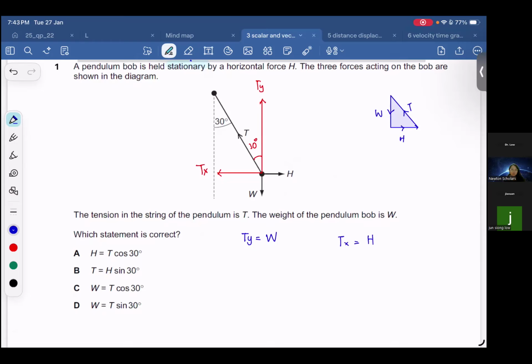If you don't respond to me, I don't know whether you get it or not. So how, Jiaxuan?